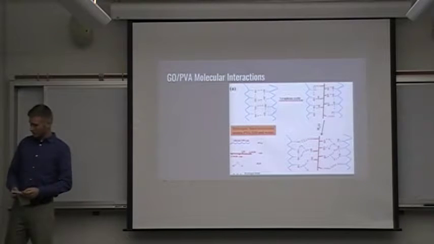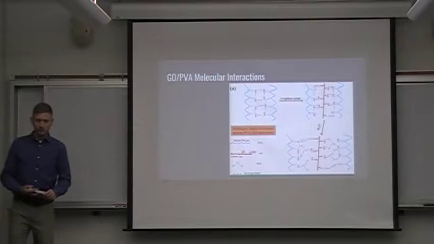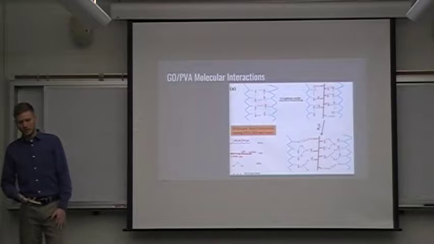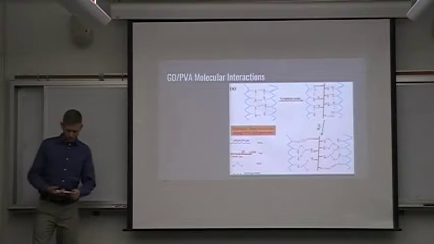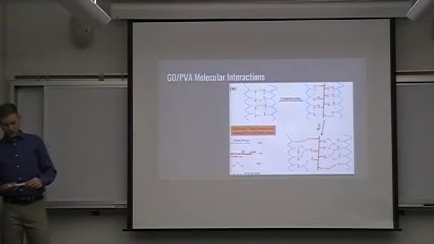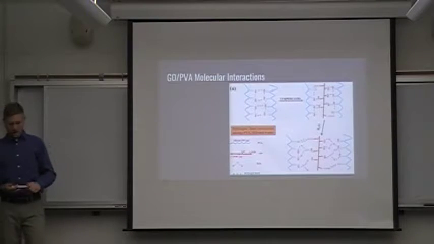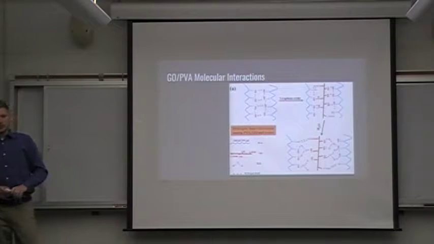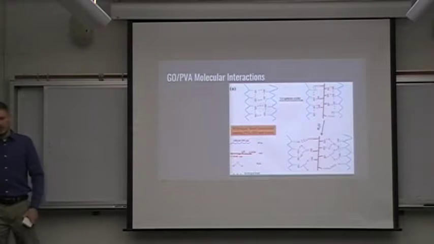And the graphene oxide and PVA interact with each other. So when you have PVA and you introduce graphene to it, the graphene goes and sits in between the PVA, and there's H bonding that interacts between the PVA and graphene. And then the water is introduced, or it is introduced into the water, and then the water separates the GO from the PVA.